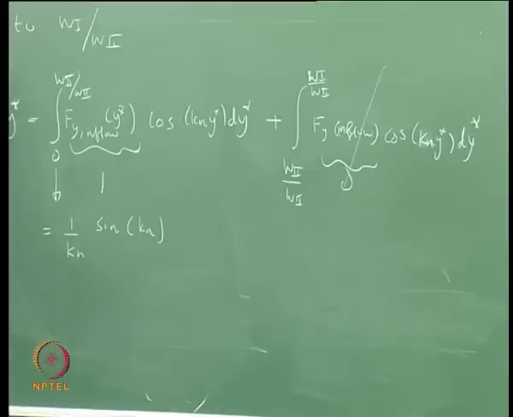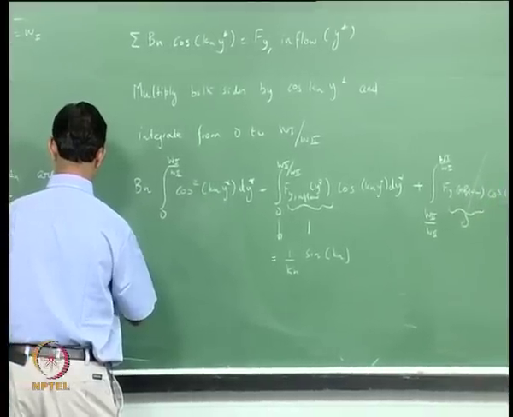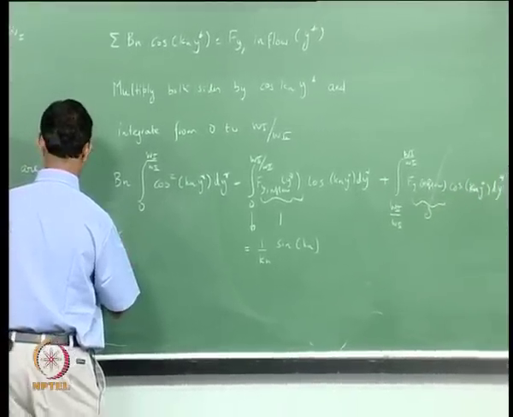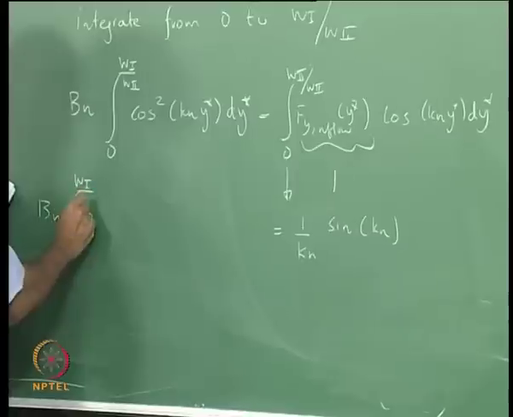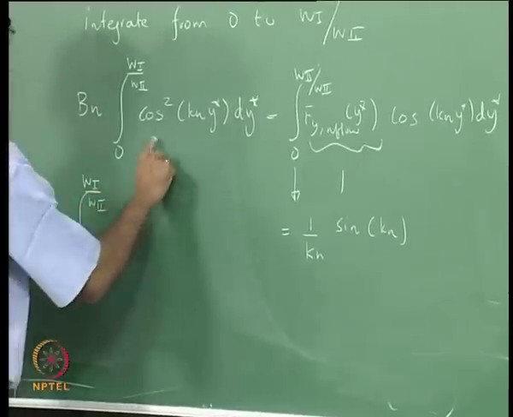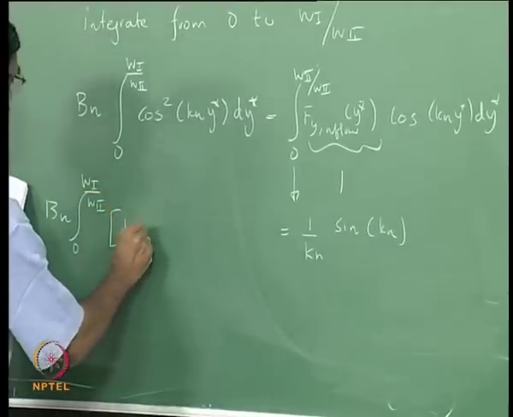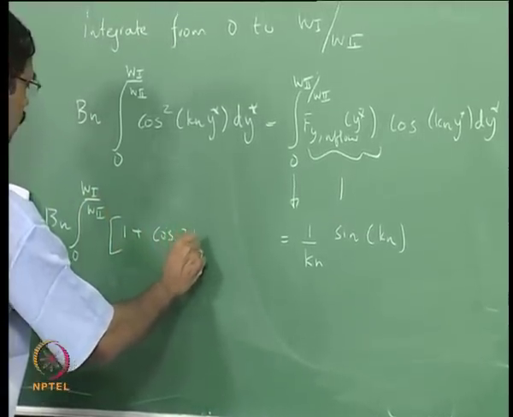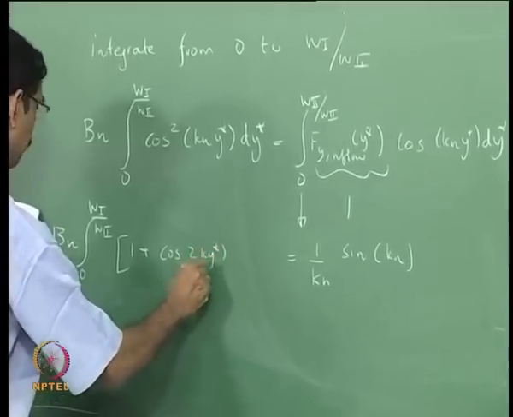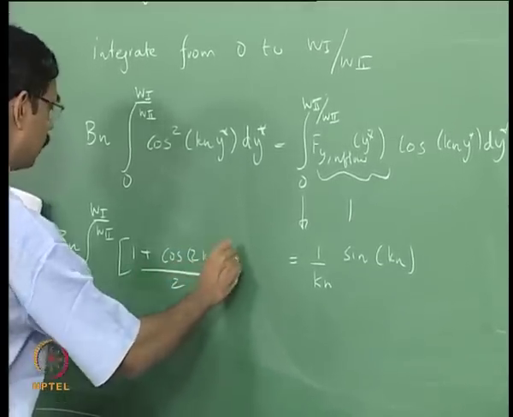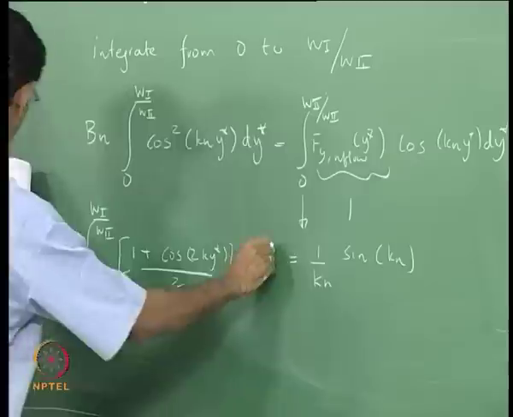So on the left hand side we will do this integration, so you will get bn times the integral 0 to W1 over W2 of 1 plus cos 2 k y star over 2 dy star.